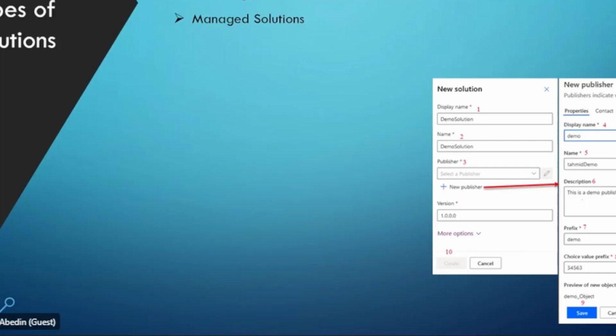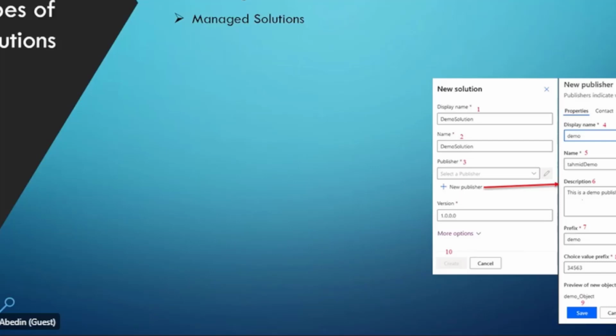The second one is the managed solution. You cannot create a managed solution from scratch. When you are going to deploy, you have to export the solution, and at that time you select the managed or unmanaged property. If you select managed and deploy it, as we do in production, it will be non-editable, because in a managed solution you cannot edit anything.